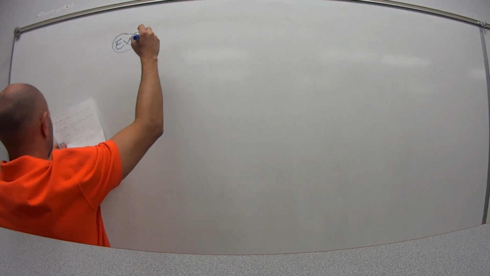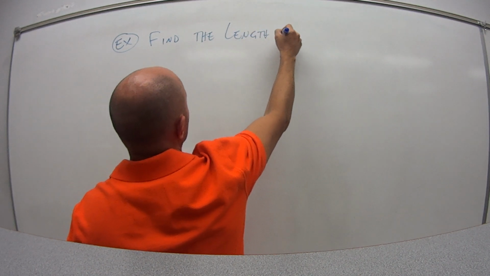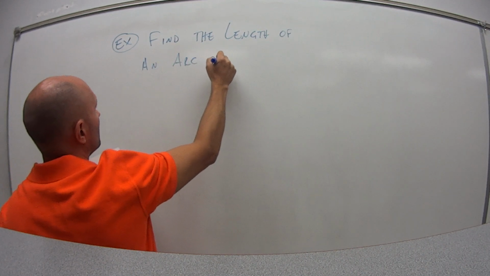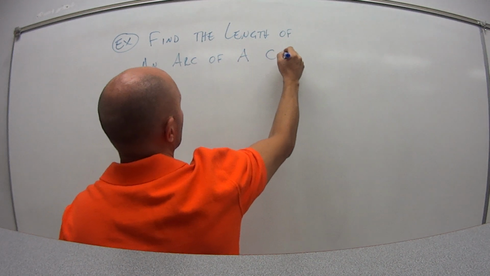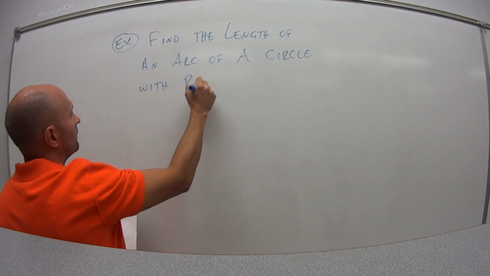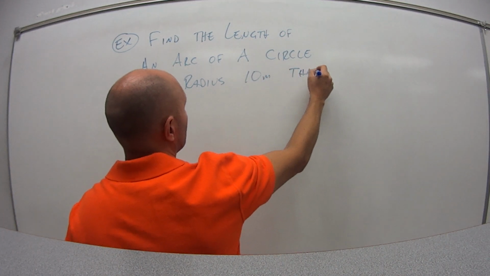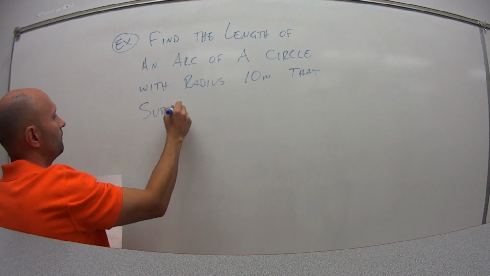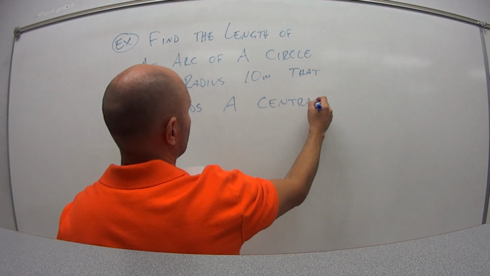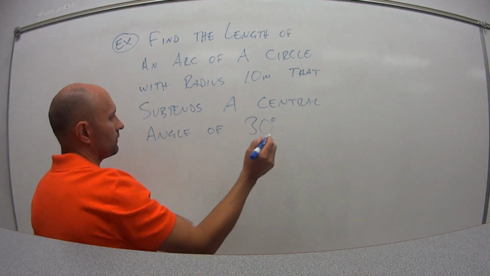So we have the following example. Find the length of an arc of a circle with radius 10 meters that subtends a central angle of 30 degrees.